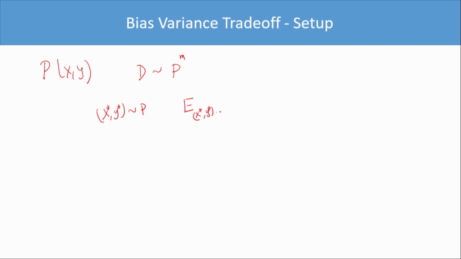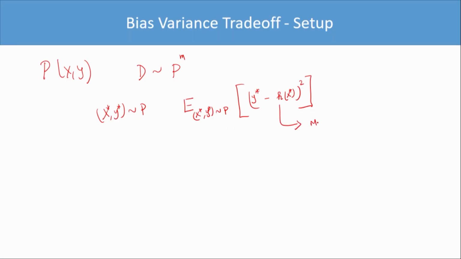If x star, y star is generated according to P, what is the expected value of (y star minus h of x star) squared? Correct? So this is the question that I'm asking.